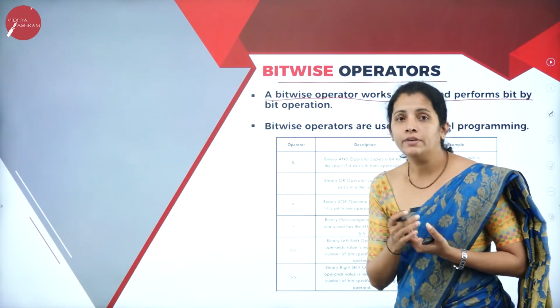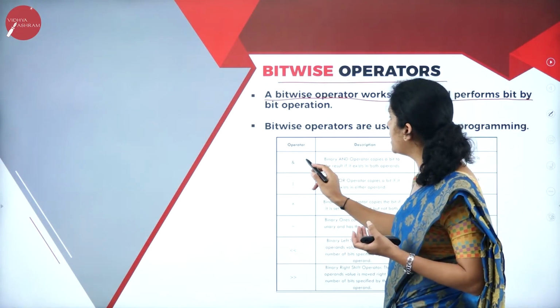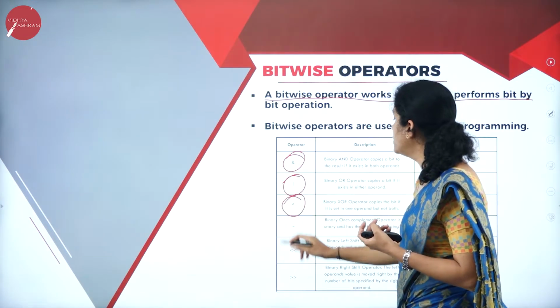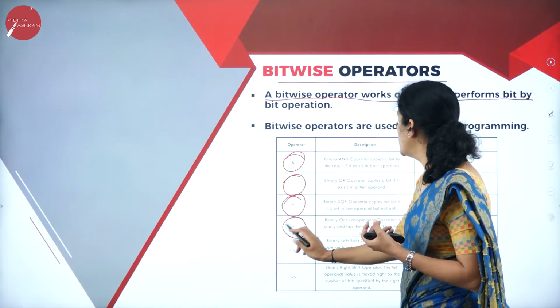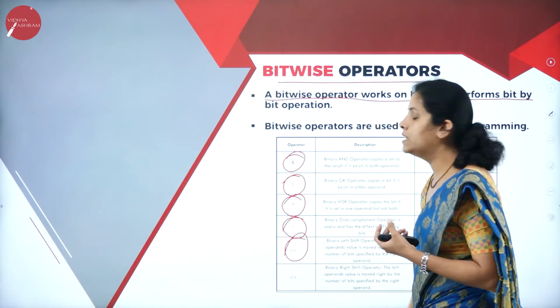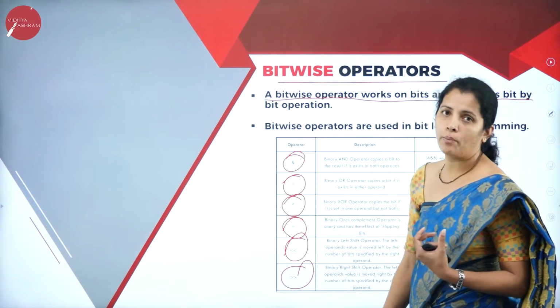Now, what are the different kinds of bitwise operators? That is and, or, then XOR, then not, then left shift, and the right shift operator.